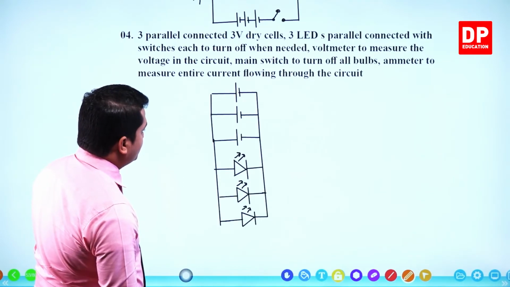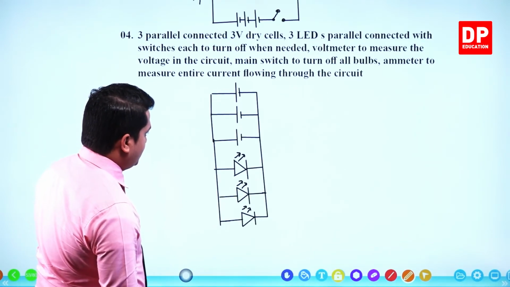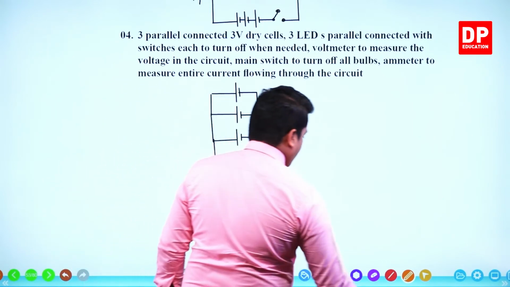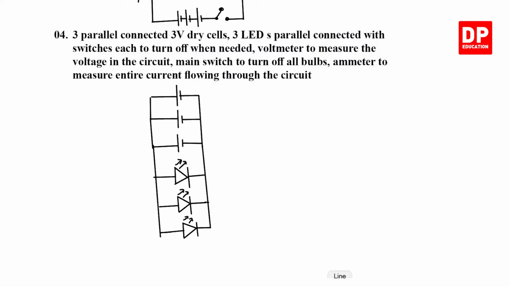So we have to put a switch to turn off all the bulbs together. Now in order to do that, right, we have to place a switch in this kind of a place. We'll intersect this one. This is the main switch.